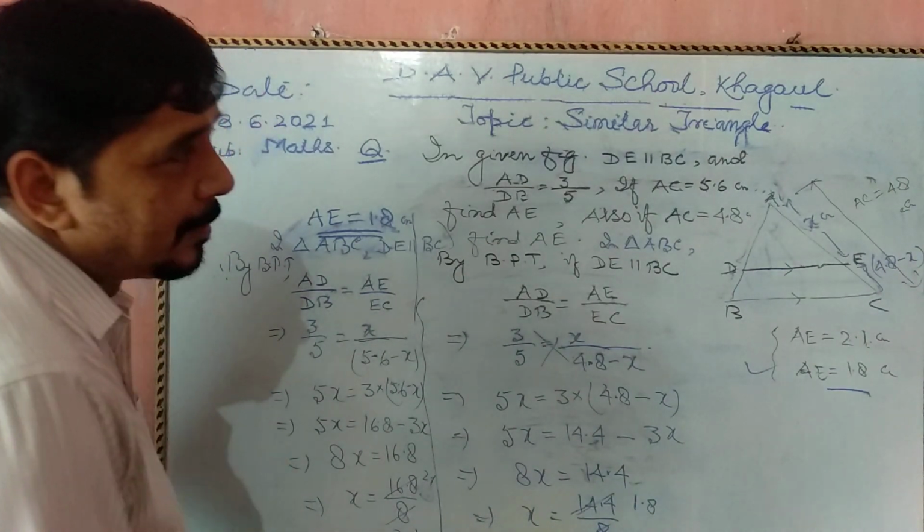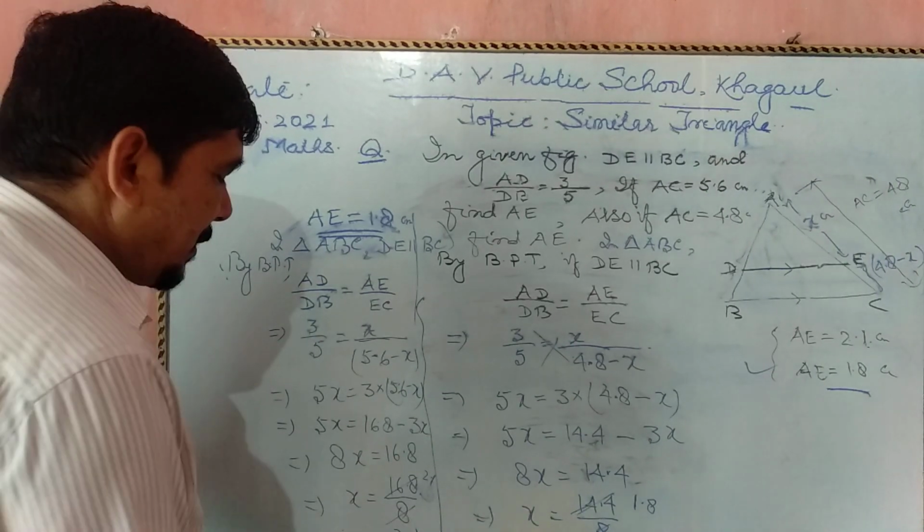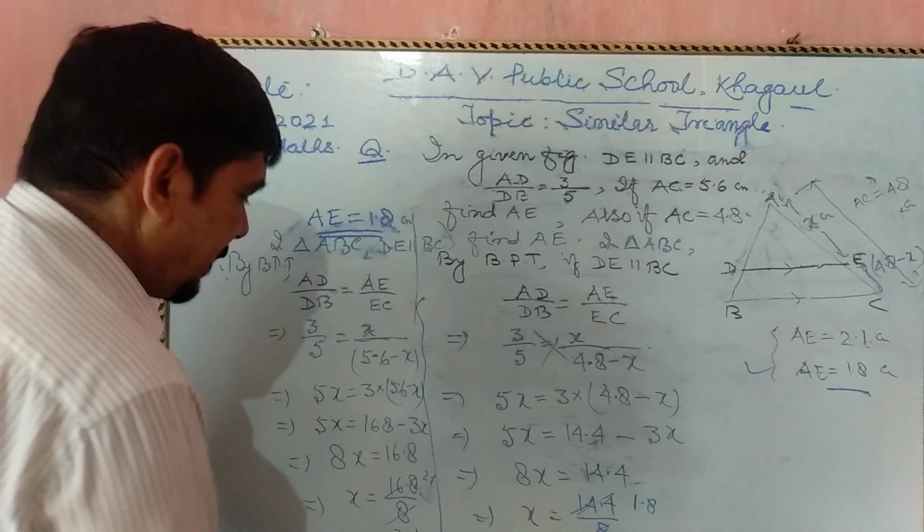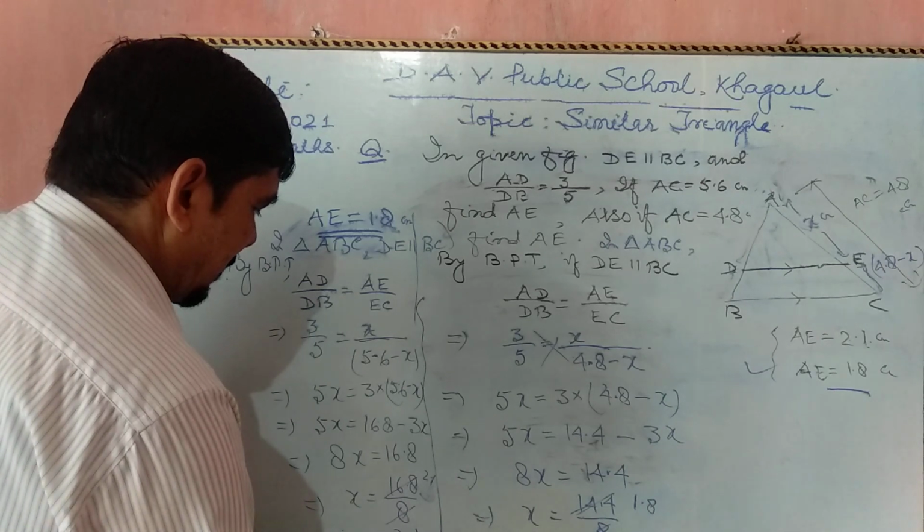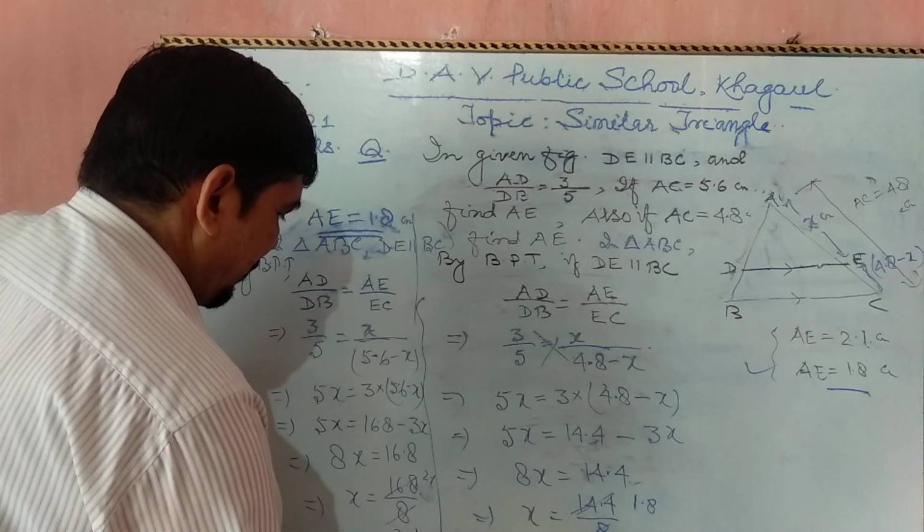Since we took X equal to AE, therefore AE is equal to 2.1.